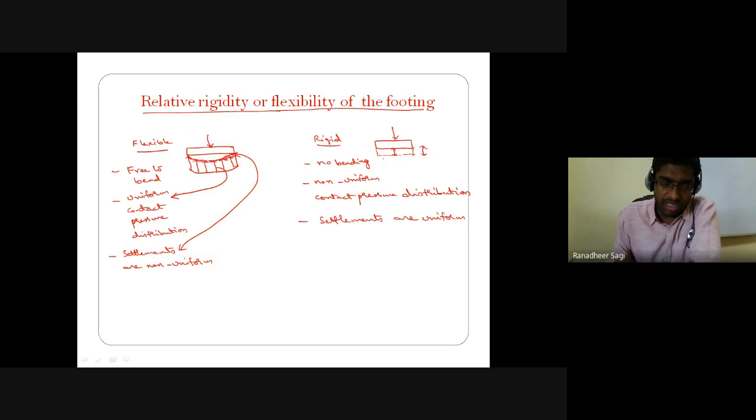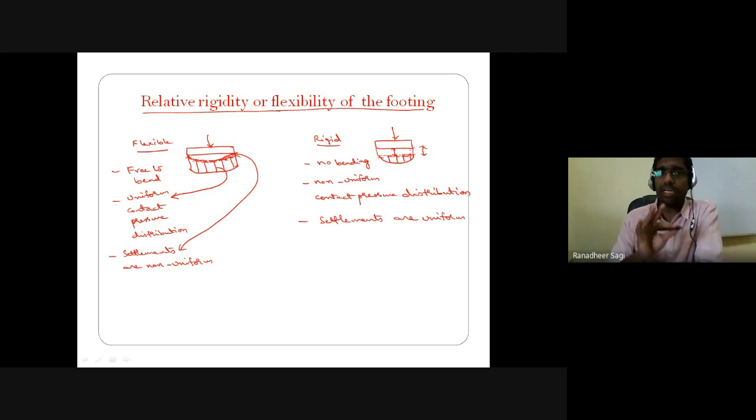Now, when it comes to the case of your contact pressure distribution diagram, so we say that the contact pressure distribution is non-uniform with maximum could be at the center in some kind of soil, or maximum could be at the edge and minimum could be at the center in some other type of soil.